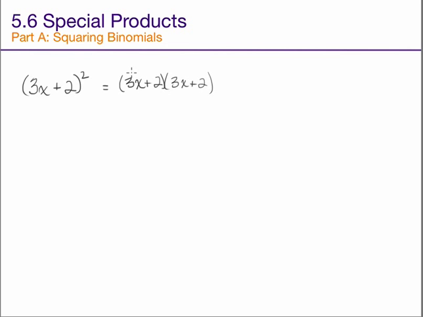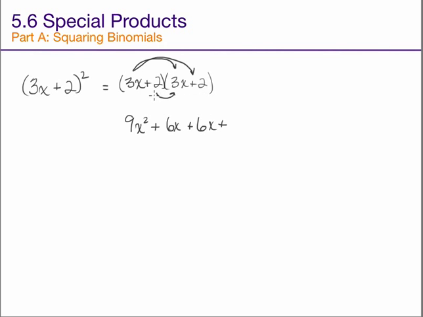Using distribution, I get 3x times 3x, which is 9x squared, plus 3x times 2, which is 6x, plus, now I'm done with the 3x, let's move to the 2. 2 times 3x, which is 6x, and these two are the same.